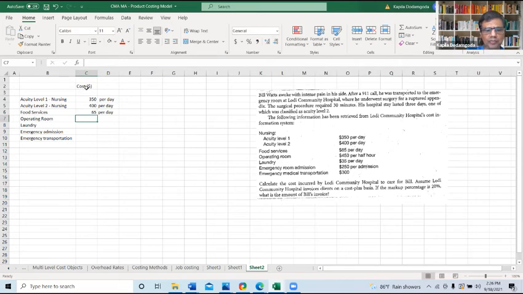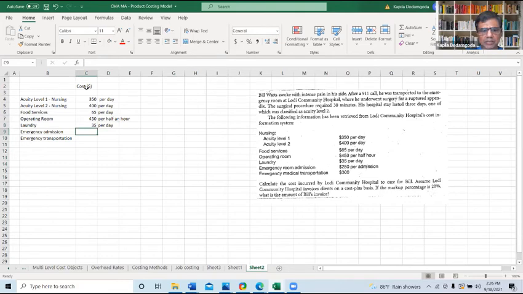Operating room 450 per half an hour. Laundry 35 per day.